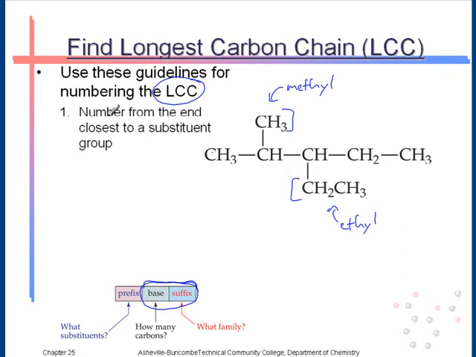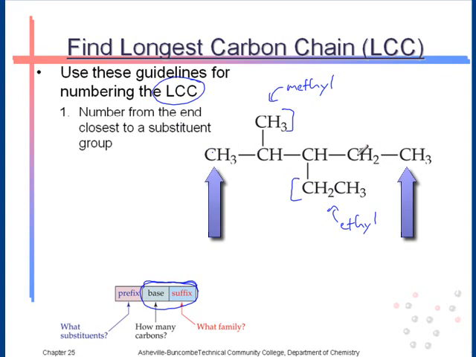So the rule is, here I have an issue. Do I start this as a number 1 carbon or that as a number 1 carbon? And the general rule is you try to get the lowest numbers possible. That's just an observation that I've made. And the rule states you number the end closest to a substituent group. Well, if I started here, it's 1, 2.